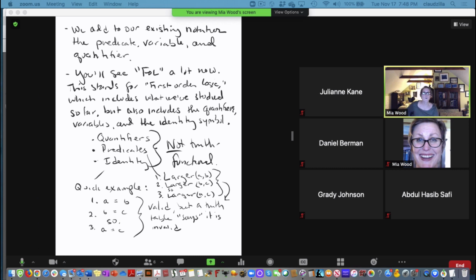Okay. So as we're thinking about these quantified sentences, we're going to toggle back and forth between parts of a quantified sentence that we could manipulate in terms of truth functionality without affecting the meaning and the truth value of the quantified sentence.